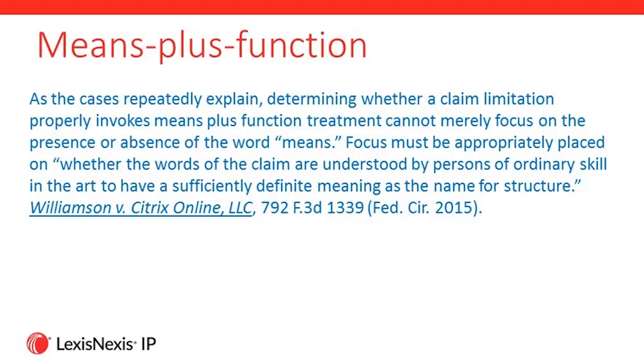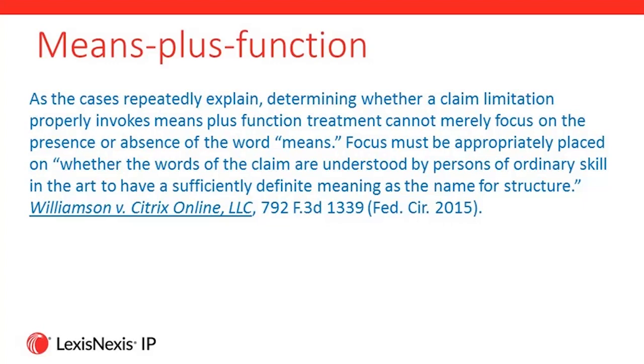If you're going to claim three elements, and two of those elements are very clear when you use a particular generic term, and the third element can be performed in a number of different ways, then use a means plus function structure for that element. In the specification, you simply lay out all of the different ways you can perform that function, and you're going to get all that coverage. So I really like means plus function.